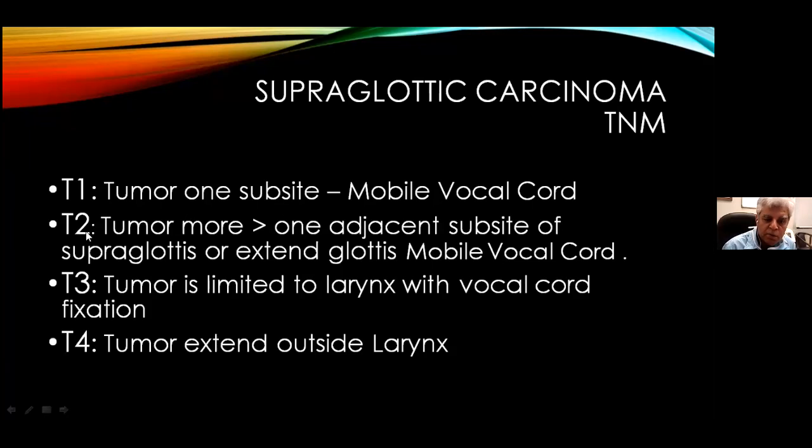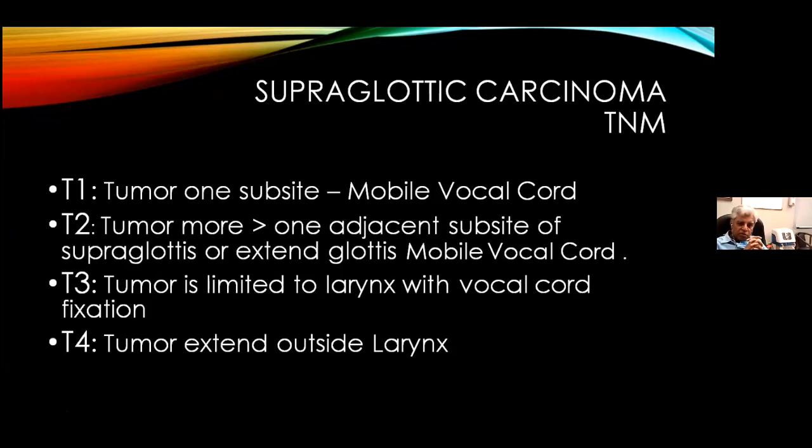But in T2, the tumor may be involving more than one subsite of the supraglottic region. That is, it could be involving the epiglottis and epiglottic fold, or it can be involving the vocal cord.